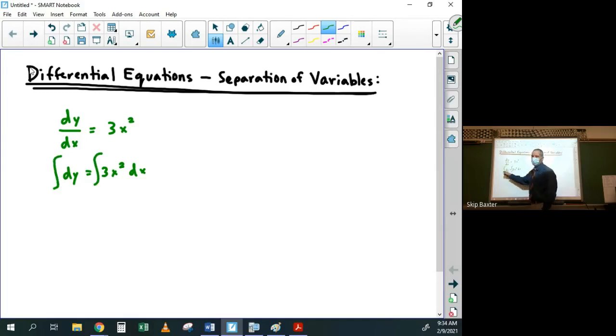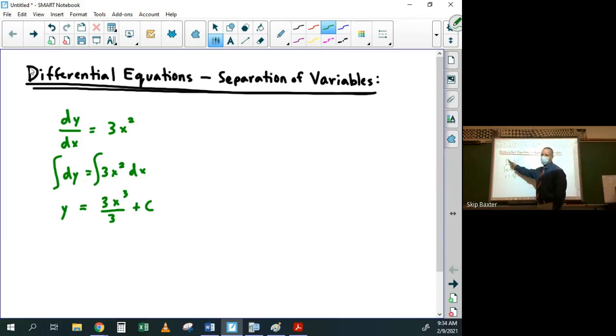So the integral of dy, the integral of 1 is just y, right? And the integral of 3x squared dx would be 3x cubed over 3 plus c. So that's essentially what we're doing when you're solving a differential equation. You're separating the variables.